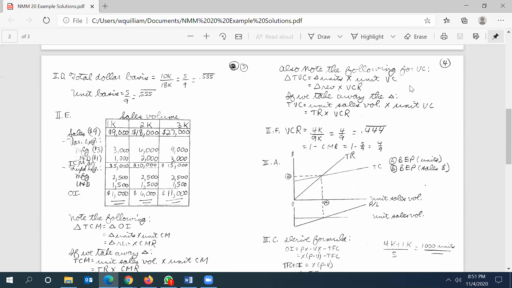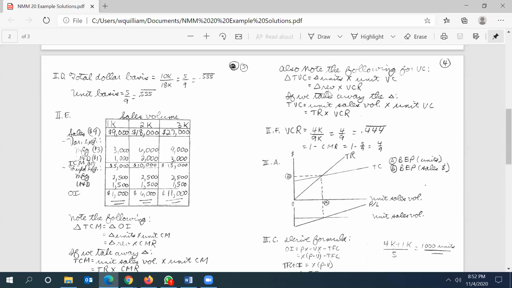And we can also note the following over here for variable cost. The change in total variable cost equals the change in volume times unit variable cost. So change in volume or change in units is 1,000 from column to column. If you multiply by variable cost per unit of $4, you'll get a change in total variable cost of 4,000 bucks between each column.